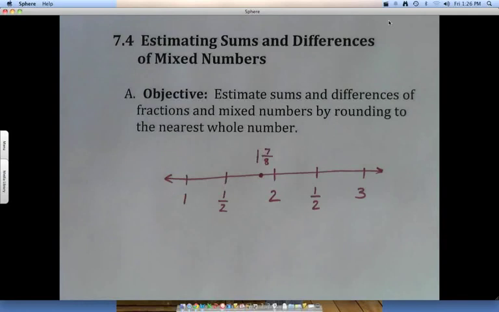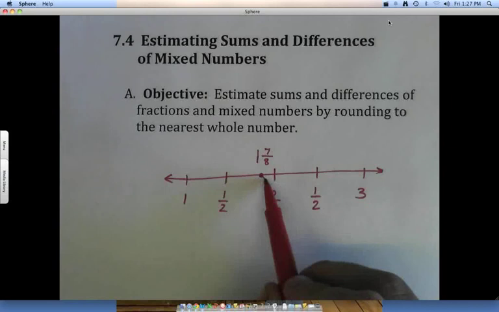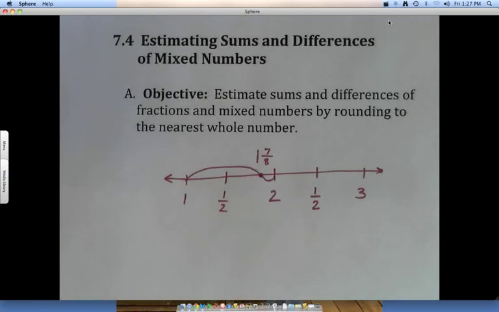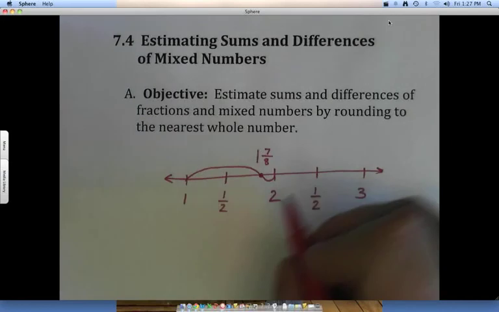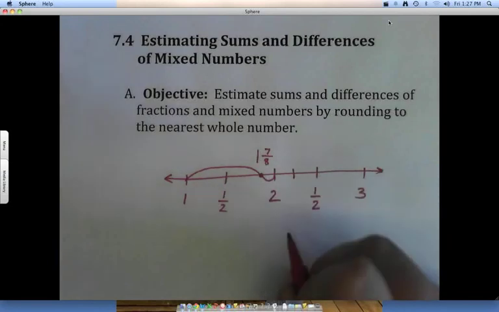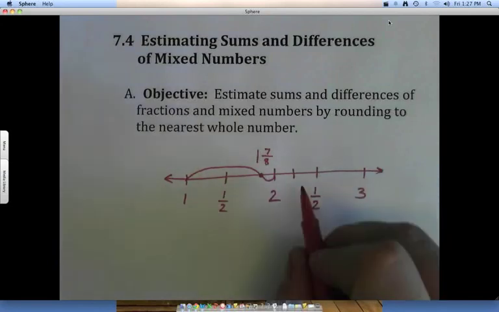If I asked you whether 1 and 7/8 is closer to the whole number 2 or closer to the whole number 1, you would tell me 2 because of its distance right here versus the distance right here. Same thing if I have 2 and 1/4. 2 and 1/4 would be exactly halfway in between 2 and 2 and 1/2.